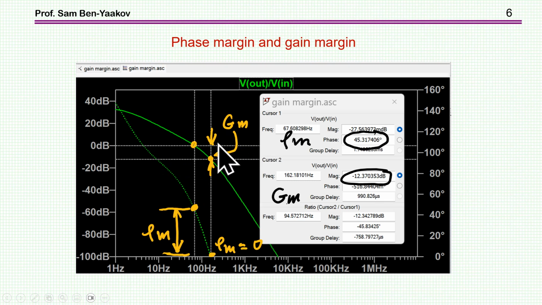So in this particular case, we have a phase margin of 45 degrees. And the gain margin is this distance between, again, the gain of the system when the phase margin is actually 0 and the 0 dB. And in this particular case, it is 12 dB.